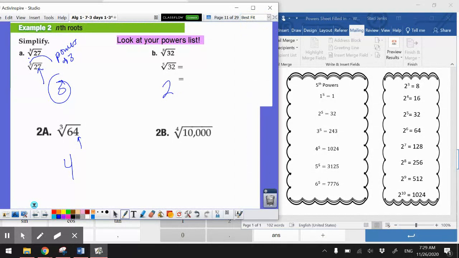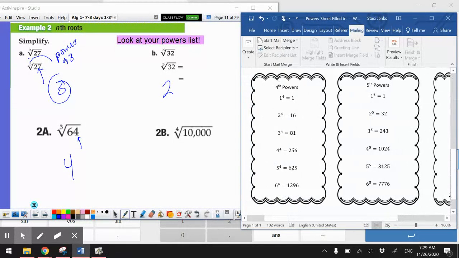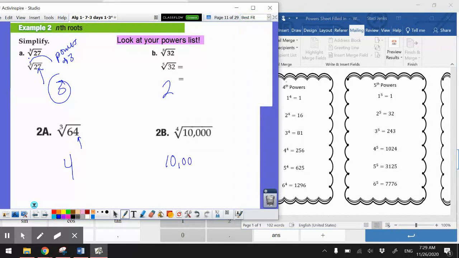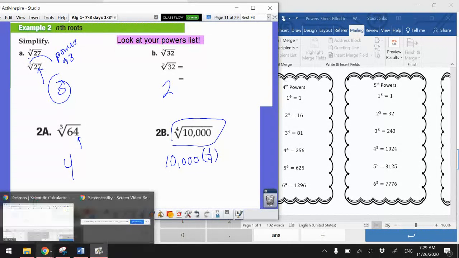And then what about our fourth powers? Well, I don't see 10,000 on this list. So how can I use my calculator to help me evaluate that? Well, I know that this is actually 10,000 to the 1/4 power. So I am going to put parentheses around that, and I'm going to open up my Desmos calculator.